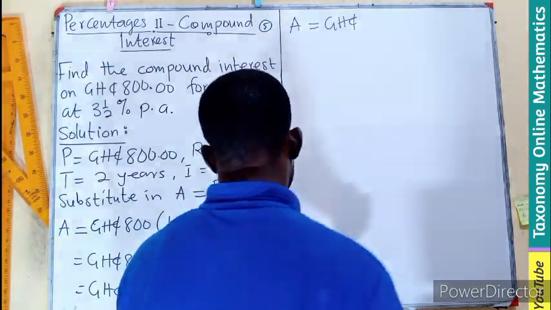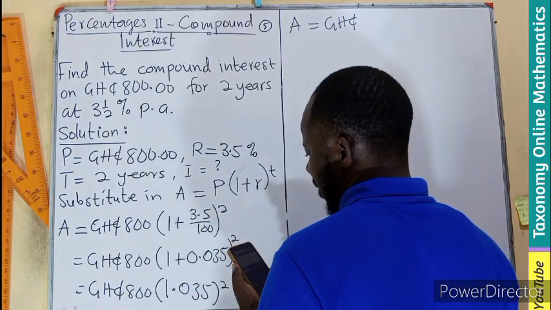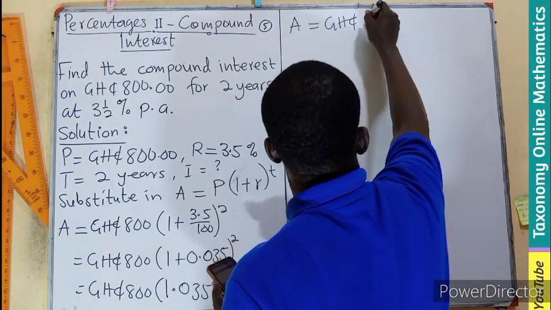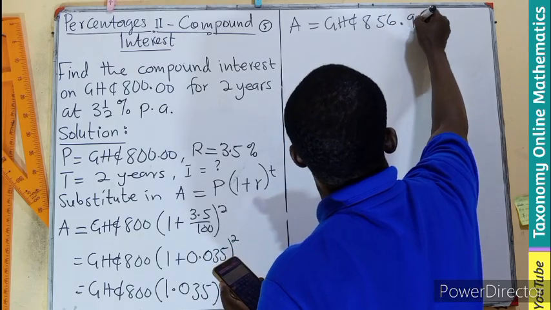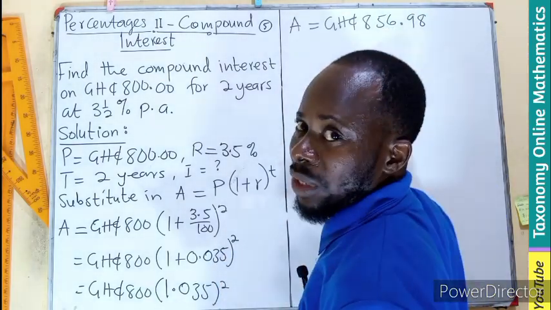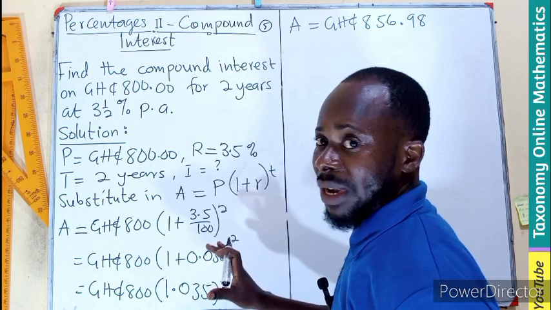And if we do so, 800 times that will give us 856.98. This is the total amount accrued at the end of the 2 years.